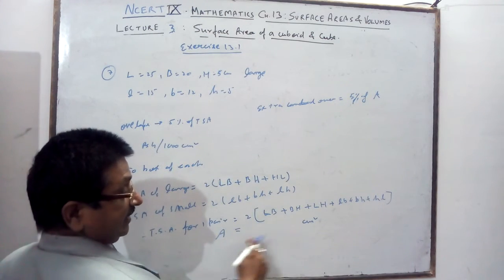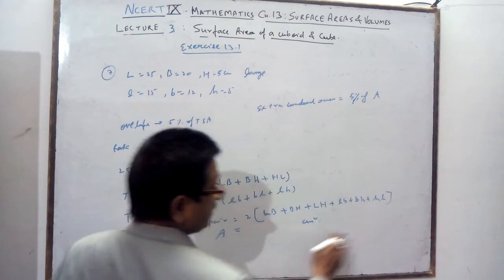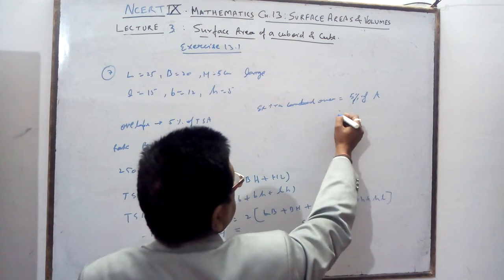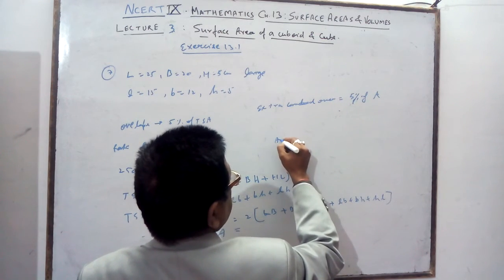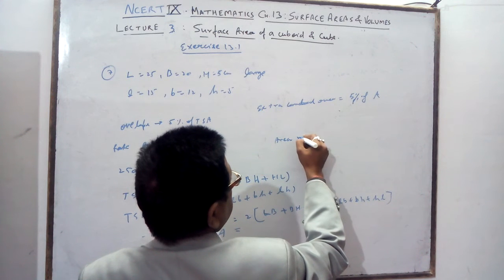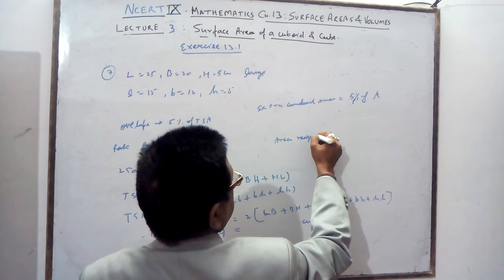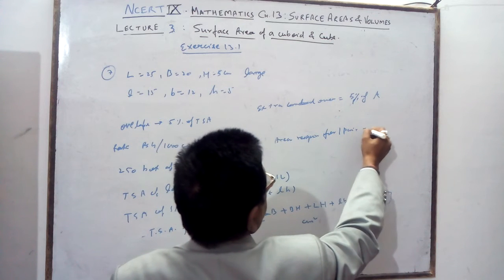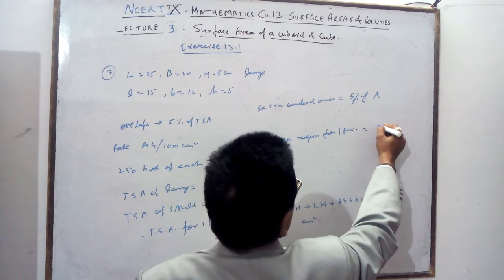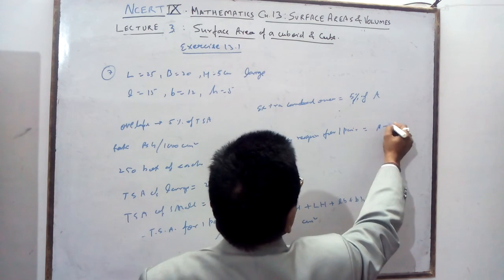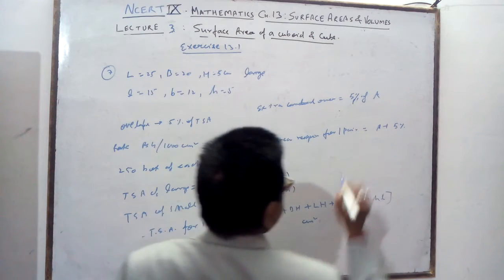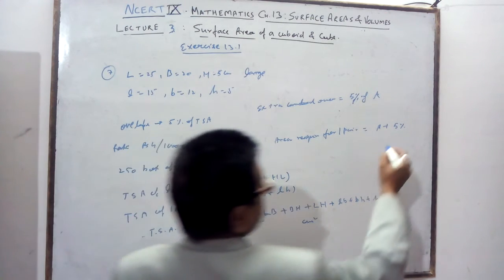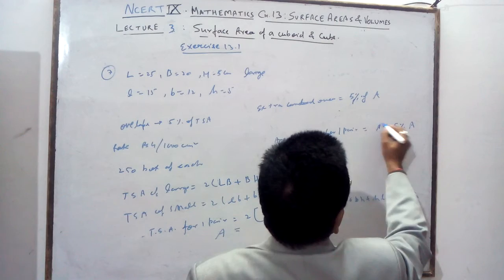A is the total for one pair. Whatever answer you are getting, you take 5% of that. So the area required for one pair is equal to A plus 5% of A. It is the one pair.